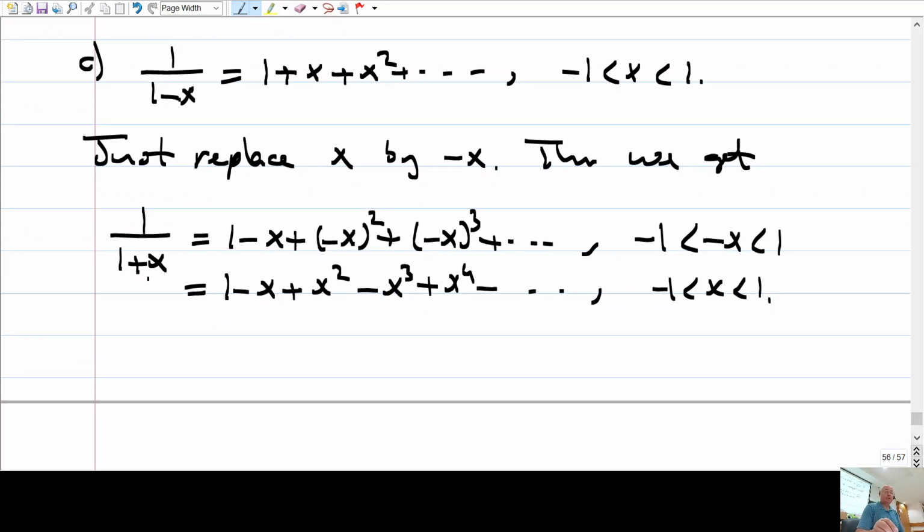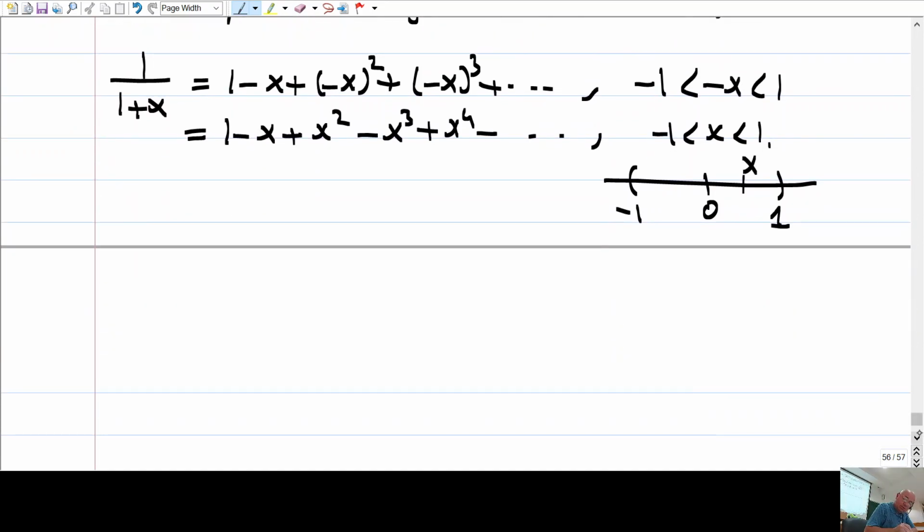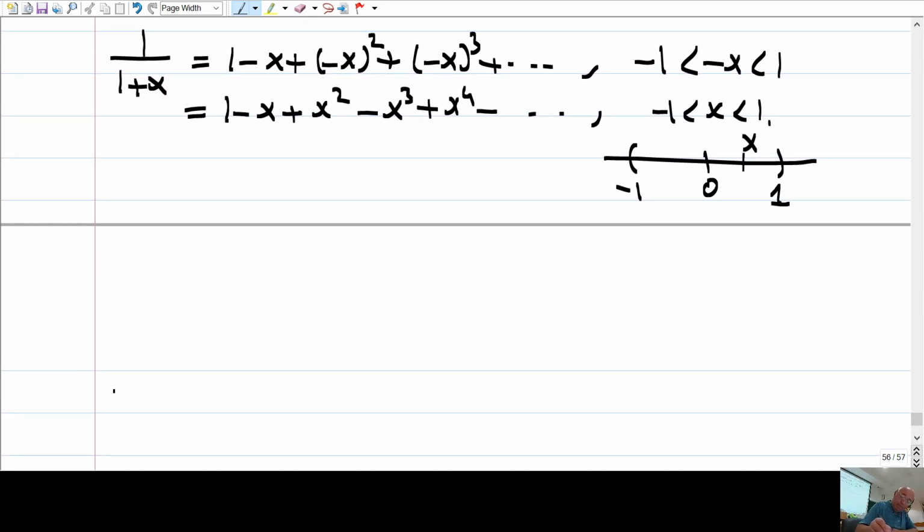And then we do what? Well, this is a continuous function on this interval, right? 0 is here, minus 1 and 1 here. Okay, for any x, let me just do this. The integral dt over 1 plus t from 0 up to x.